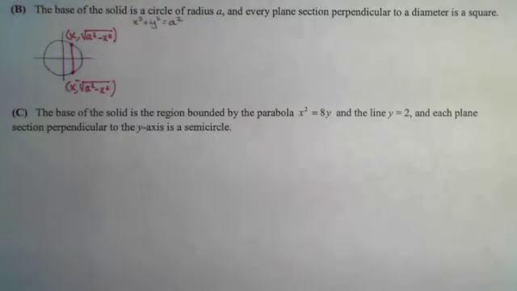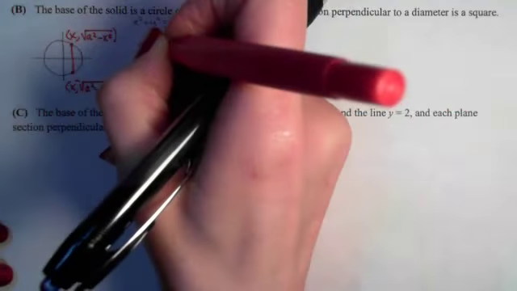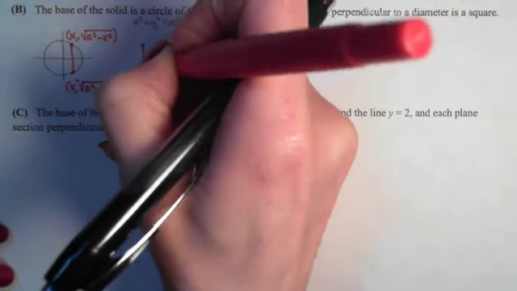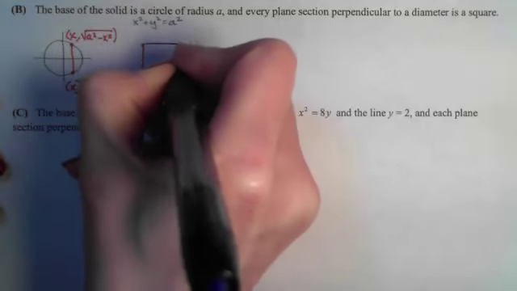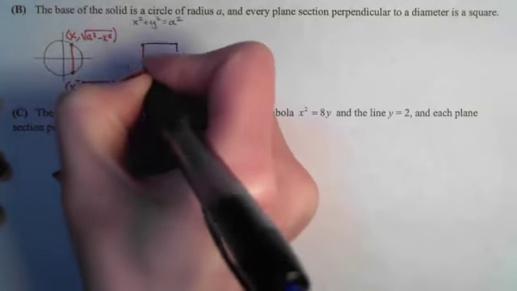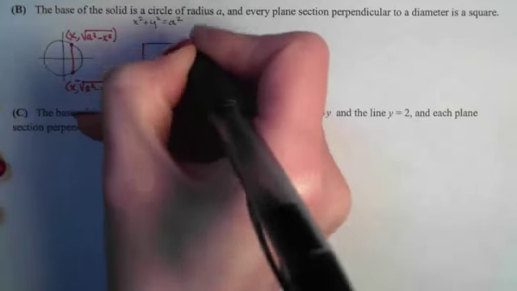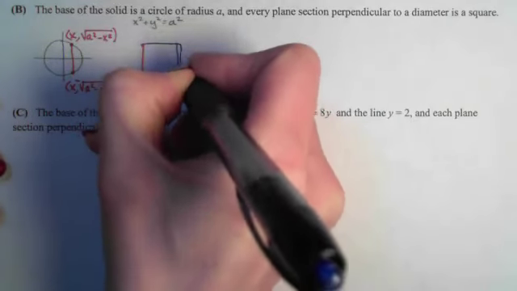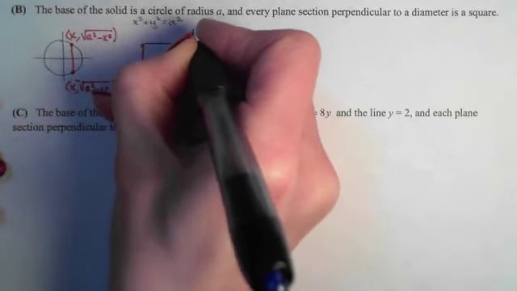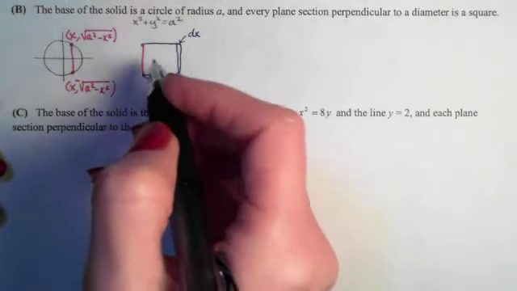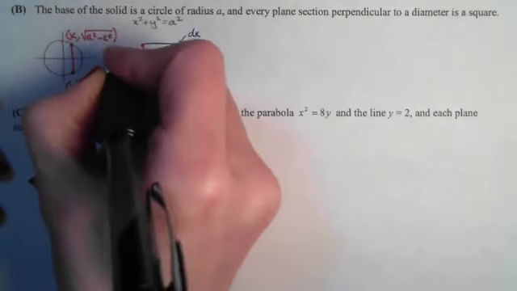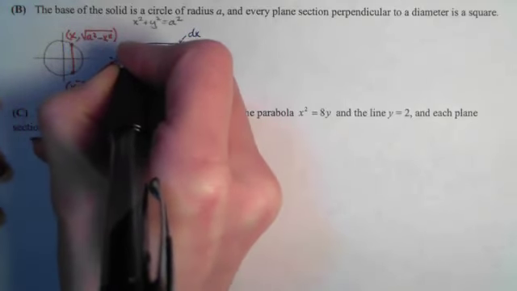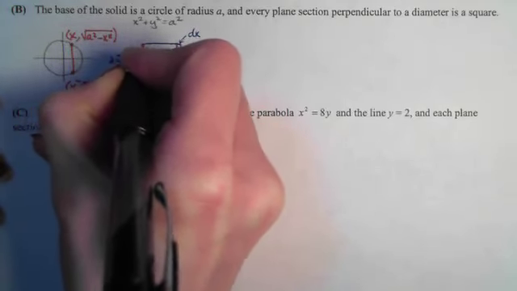So now off of that shape, I'm going to build a square. And that square will have a hair of thickness that is dx. And the length of it will be this top y coordinate minus this, which actually gives me 2 of those roots.